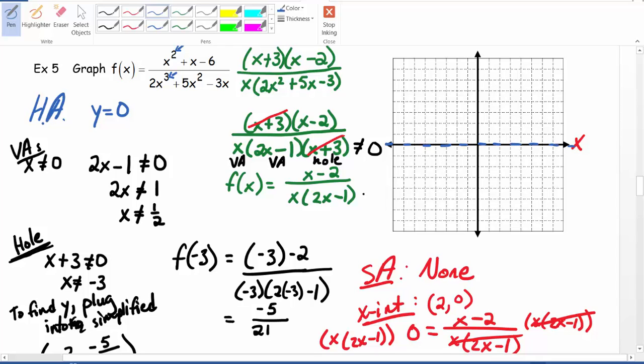So there's our HA. Now going to our VA. Might be a little hard to see, but it literally is on that line, the y-axis, or x equals 0. There is our other vertical asymptote, the one at one half.